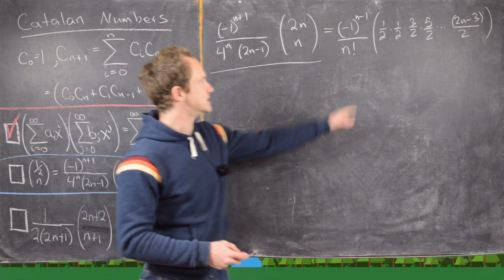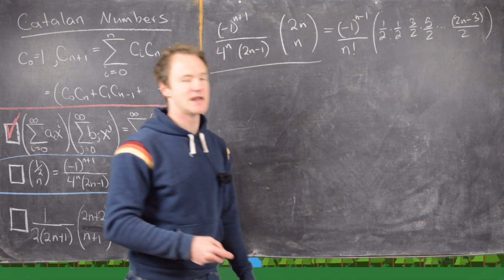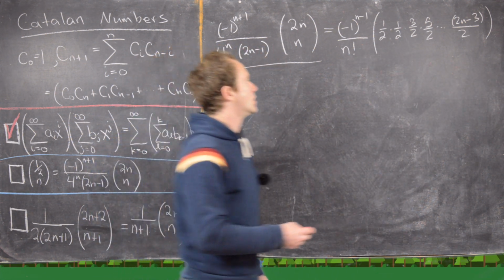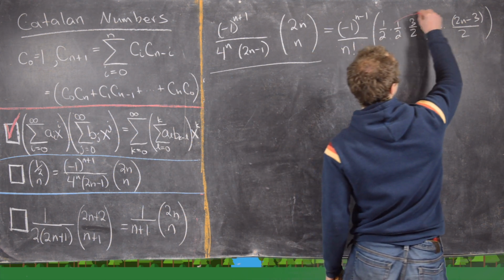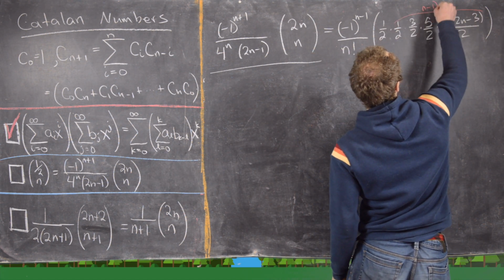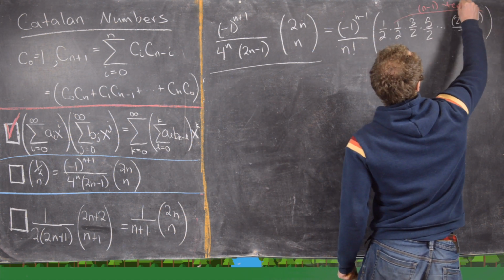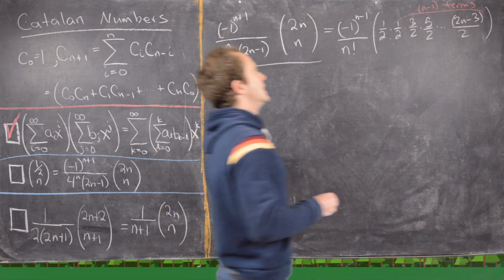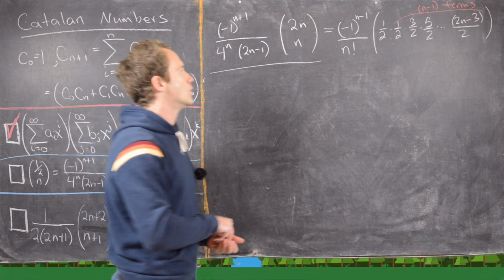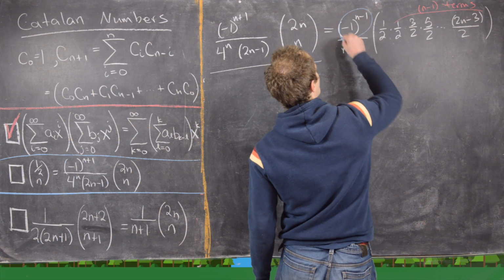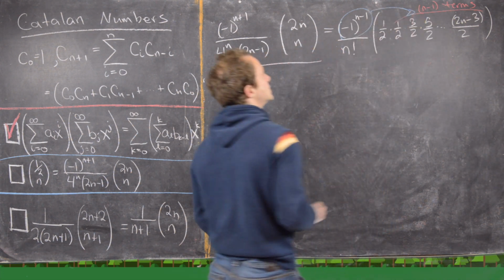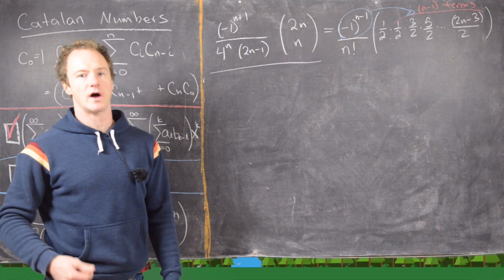Now notice that I have a product of n terms in the top, in this right-hand bit, which means there are n minus 1 terms if I leave off the first half. So I'll take this minus 1 and include it in those n minus 1 terms.